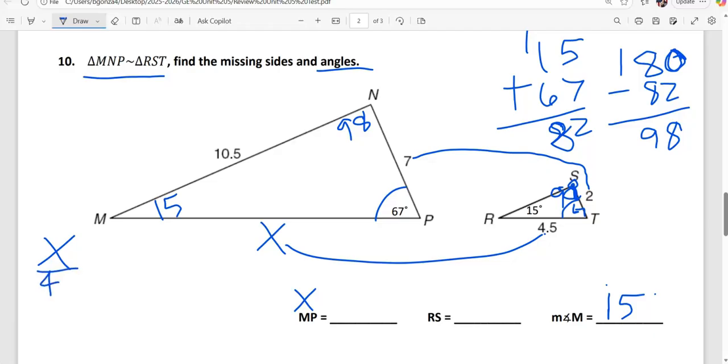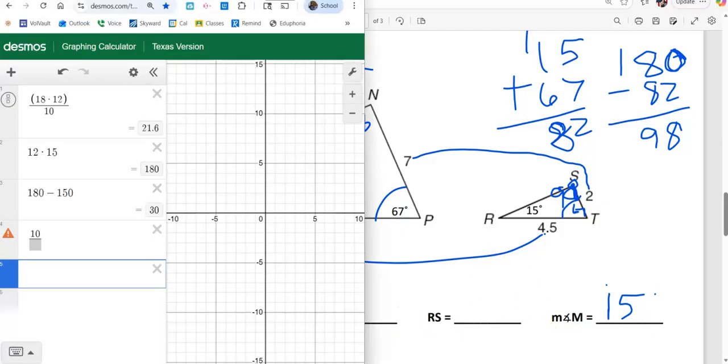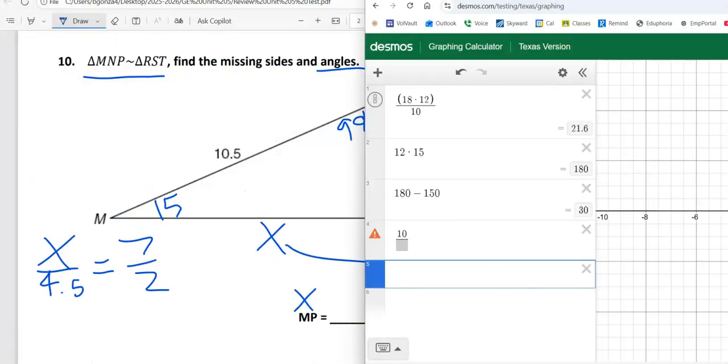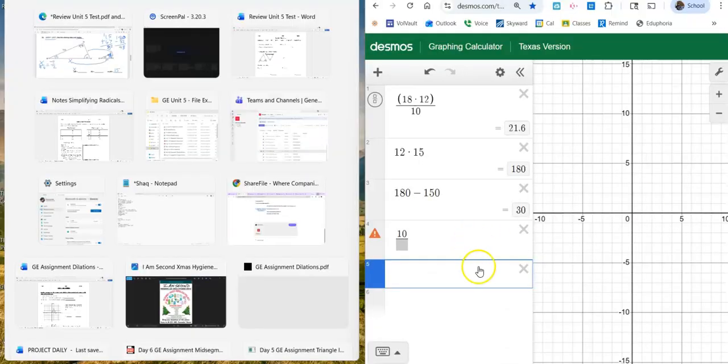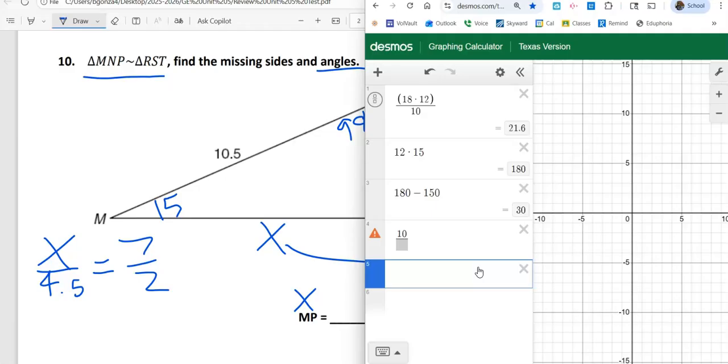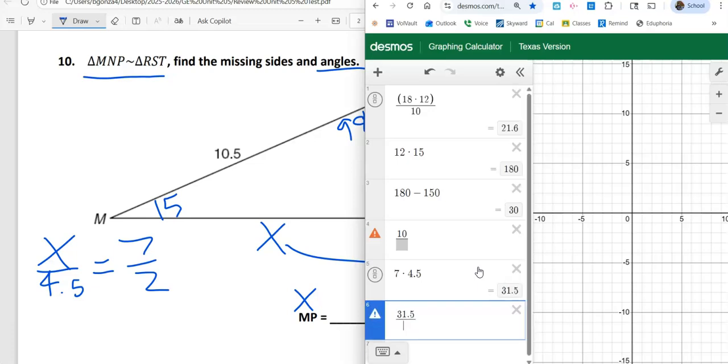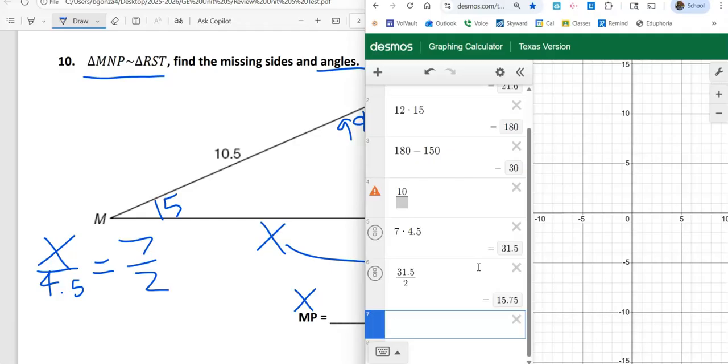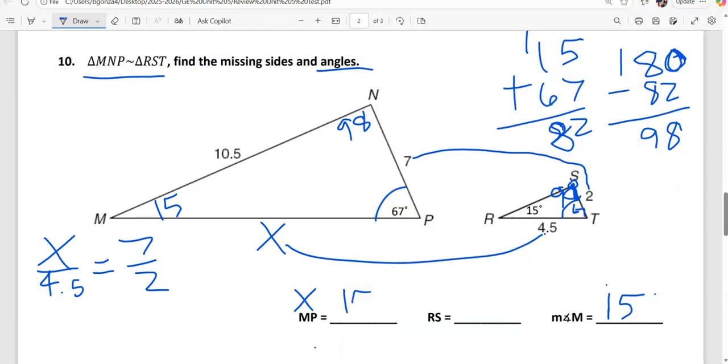X over 4.5 equals 7 over 2. Okay. 15.75 when you use Desmos.